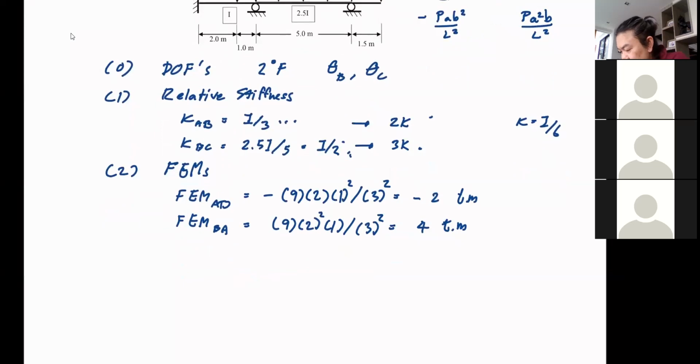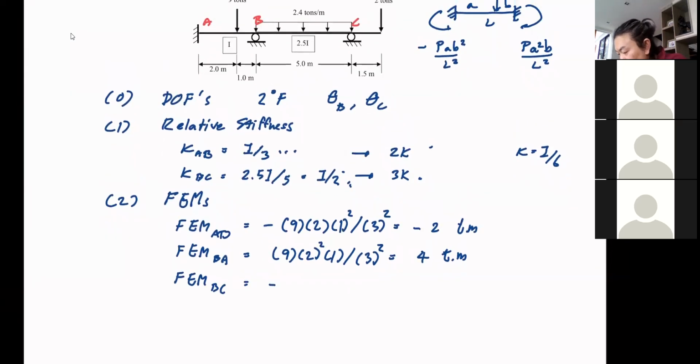Next is fixed end moment of BC, and again it's uniform load. So this guy is minus W, which is 2.4, L is 5 square over 12. This is minus 5 ton meter.